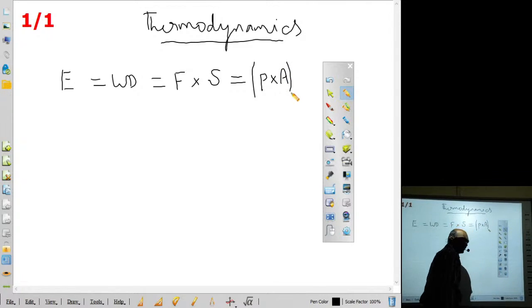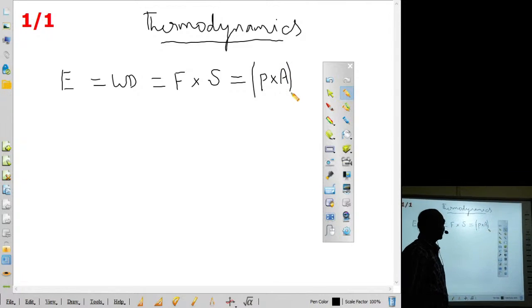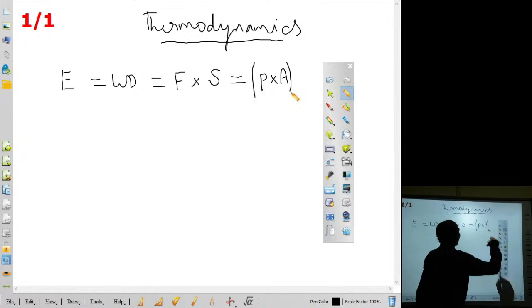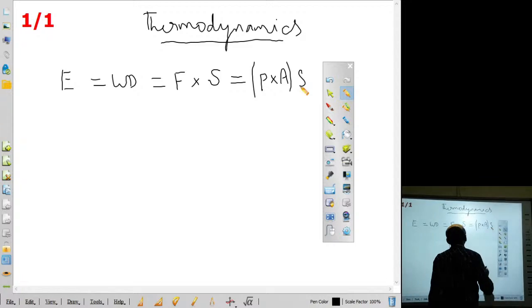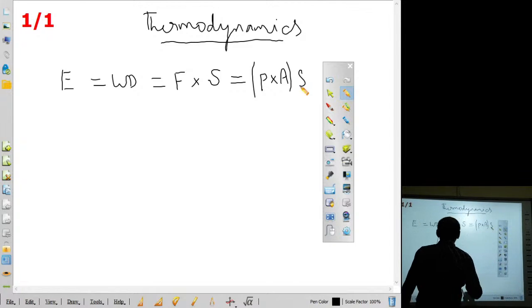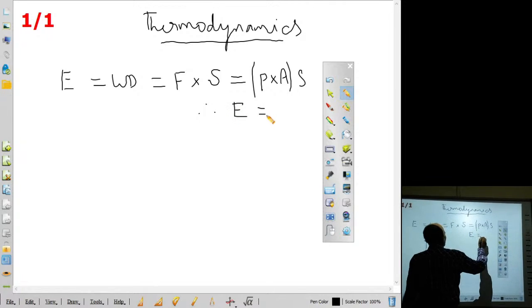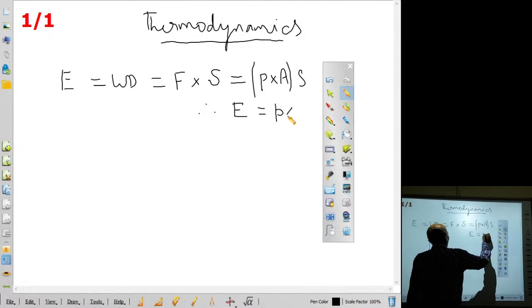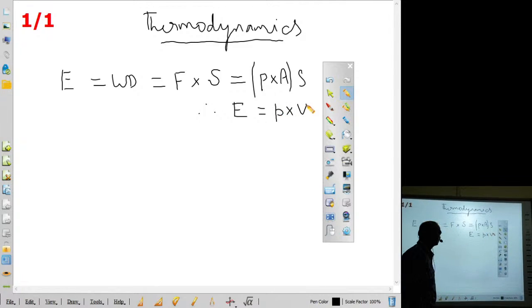We are going to see more details about pressure and the area as well, because that itself is our subject, into the displacement. Area into distance covered will be equal to the volume. So we thus have the energy supplied will be equal to pressure multiplied by the volume.